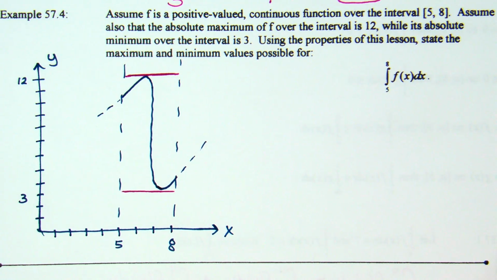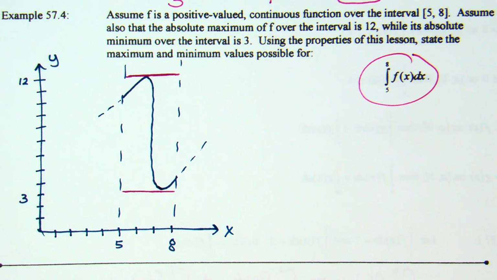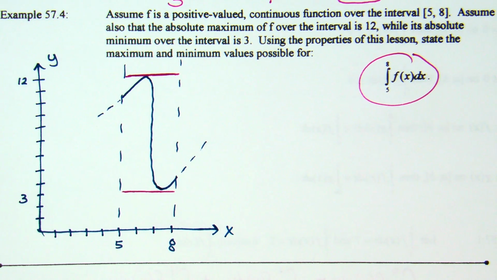And I guess I didn't point out here, it says state the maximum and minimum values possible for, and it shows that integral there, yes? I kind of overlooked and forgot to mention that. Integral from 5 to 8 of f of x dx. What do we mean integral? How does that transform into geometry type stuff?